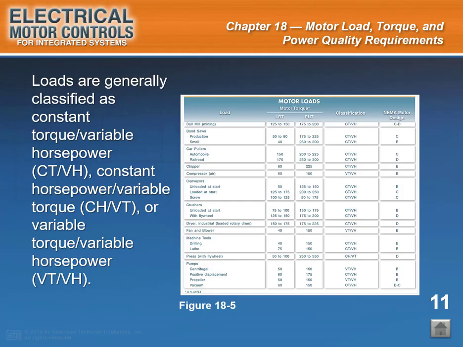Motor loads may require constant torque, variable torque, constant horsepower, or variable horsepower when operating at different speeds. Each type of motor has its own ability to control different loads at different speeds. The best type of motor to use for a given application depends on the type of load the motor must drive. End of slide 11.